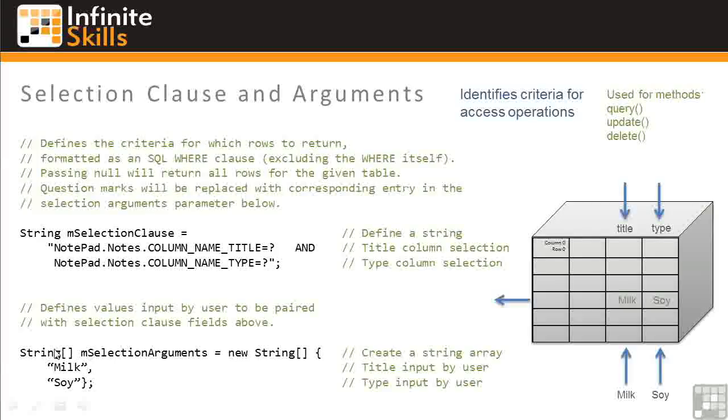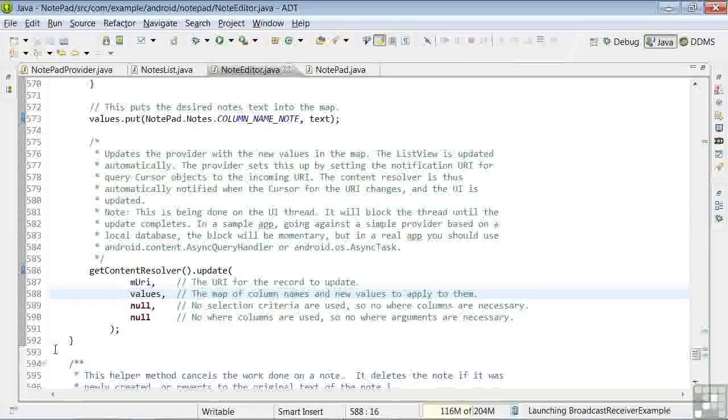The selection arguments can be null if the URI singles out a specific row. The Notepad sample app doesn't have any examples of non-null selection parameters. In the Note Editor Java code at statement 586, we have an example of an update method with null values for selection parameters. And in this case, the URI specifies an identifier for a specific row.